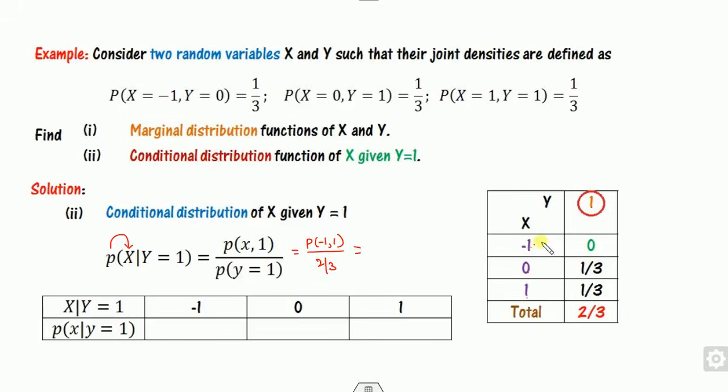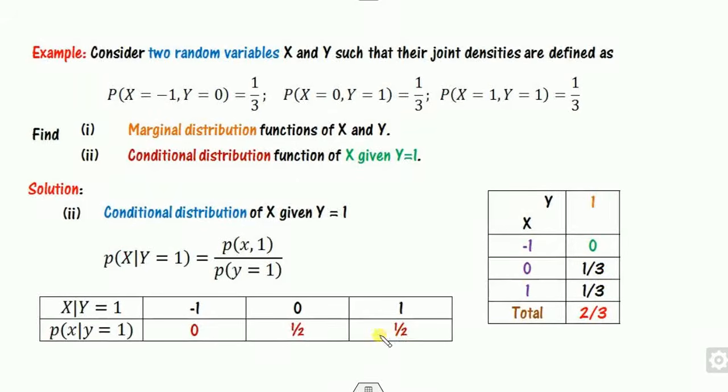P of (-1, 1) is 0, so 0 divided by 2/3 is 0. When x is 0, the answer is P(0, 1), which is 1/3 divided by the total. Similarly for here. Again, you can check that the sum must be 1. So this is the answer of the conditional probability.